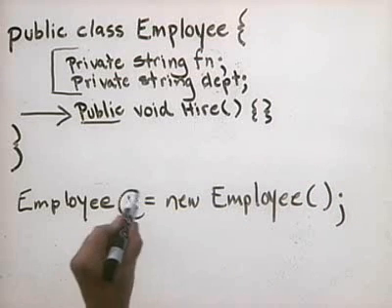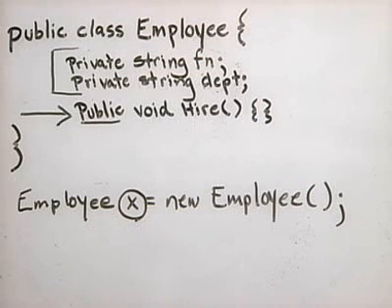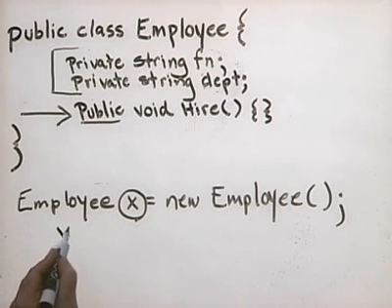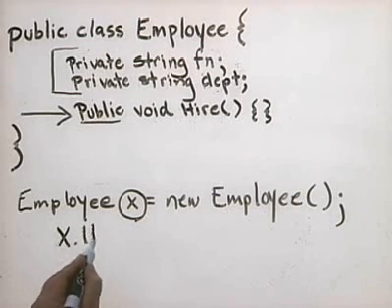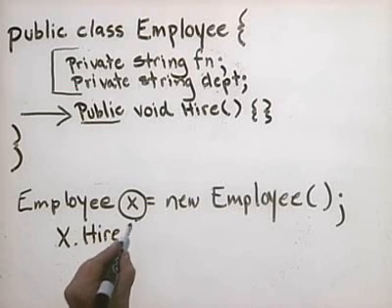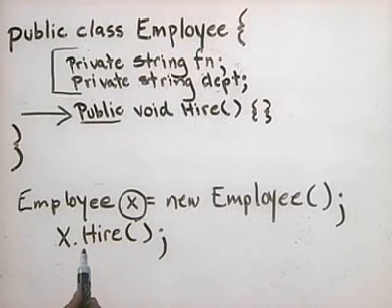Now, X becomes a reference type that refers to an instance of the employee class. I can freely call the hire method because hire is publicly accessible.